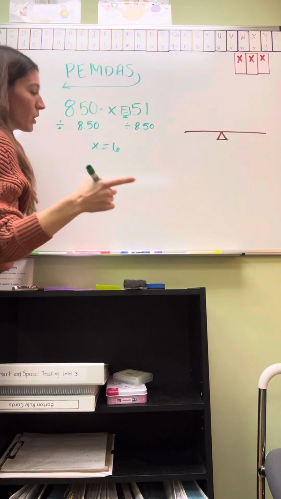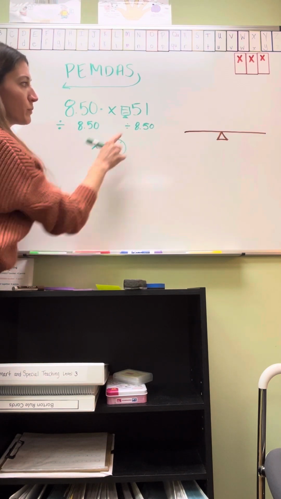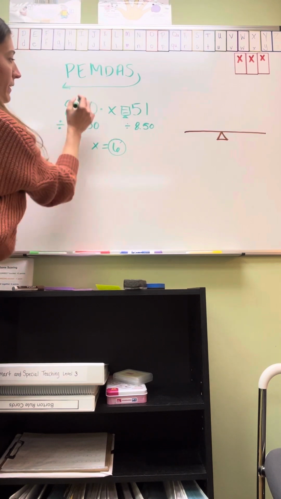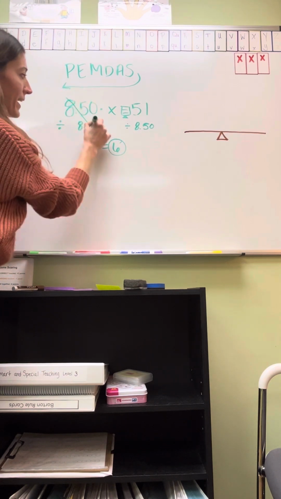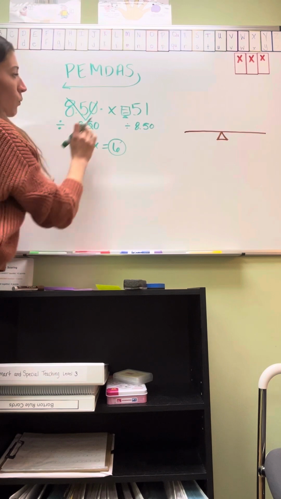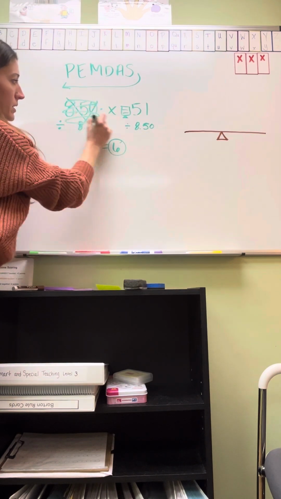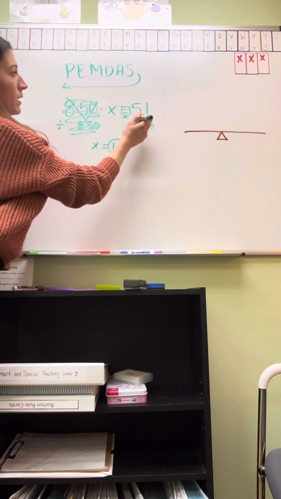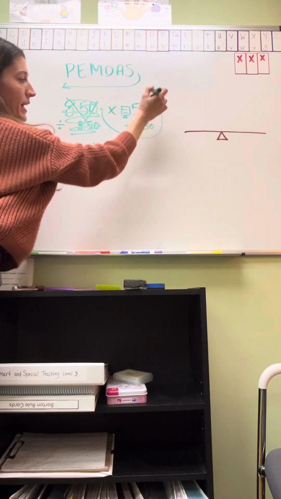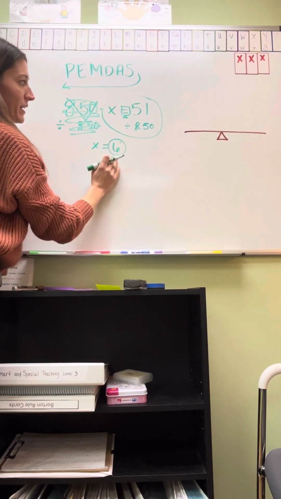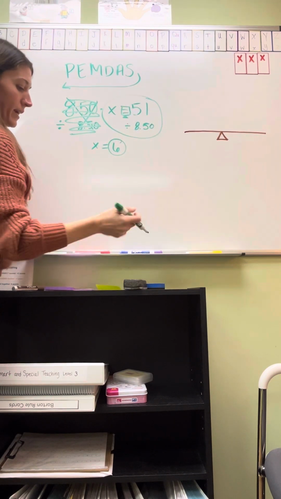Remember in the last video, we could take 6 friends to the movies for $51. So I was able to divide each out. If I do 8.50 divided by 8.50, that cancels out, right? It's 1. Well, 1 times any number is still itself, so I can pretend like this doesn't exist anymore. And what I have left is this side of my equation. 51 divided by 8.50 is 6, so x equals 6 in this case.